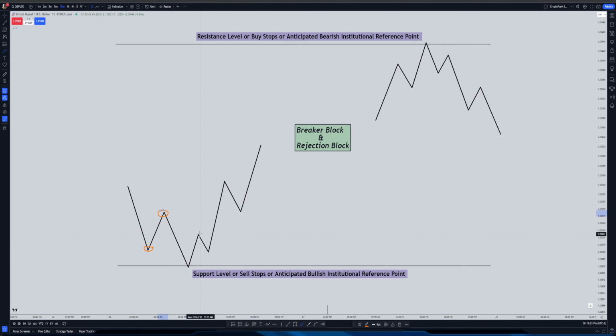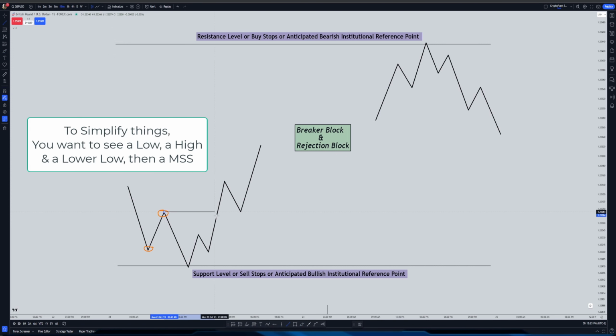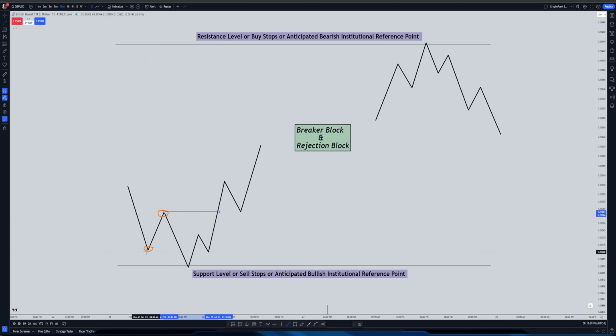It can create a short-term high or a short-term low in the form of retracement, but what you want to see here is it's actually going above and closing above the previous short-term high that it created on its way down towards your reference point.